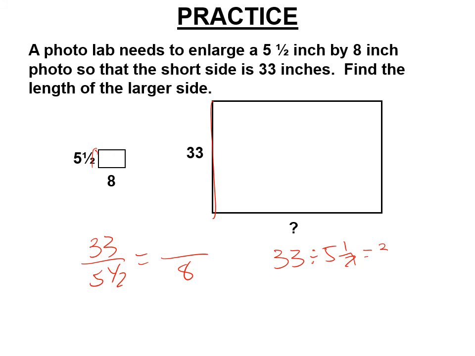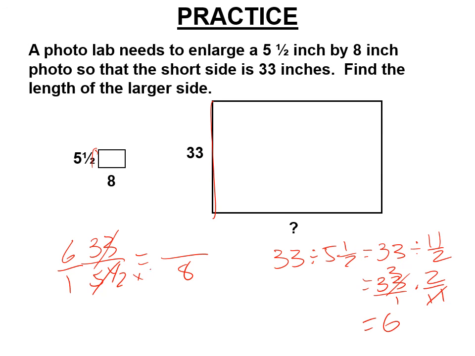I got to be a little neater. 33 divided by 5 times 2 is 10 plus 1, 11 halves, which is 33 times 2 over 11. So that nicely simplified to 6. 1 times 8 is 8. 6 times 8 is 48, and this is inches, because it says up here that we're in inches.